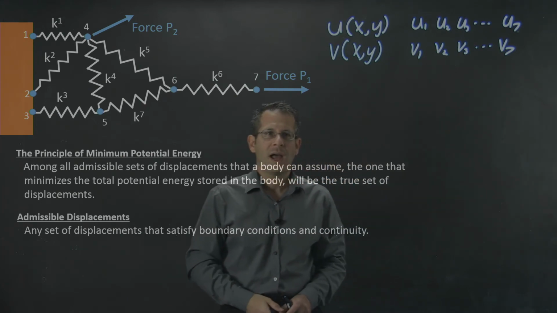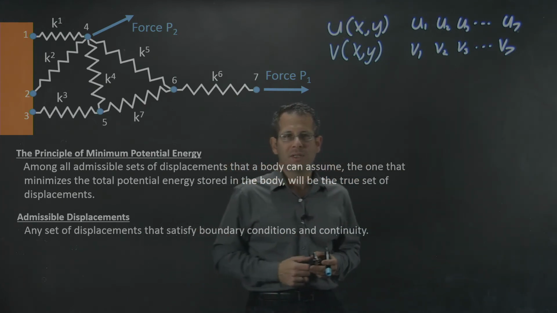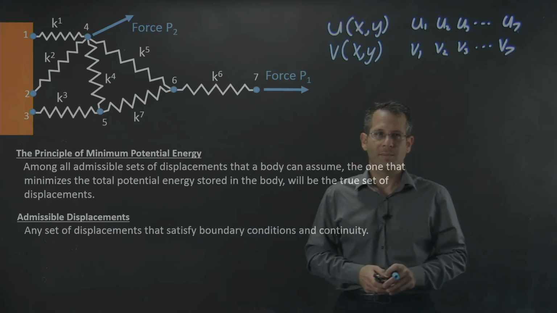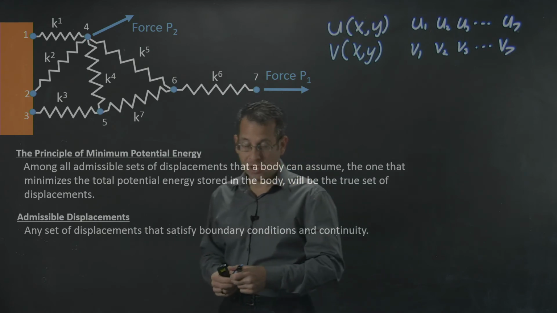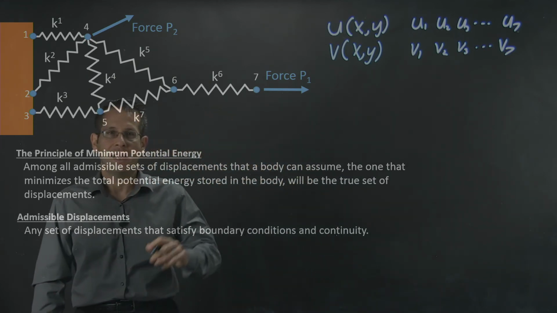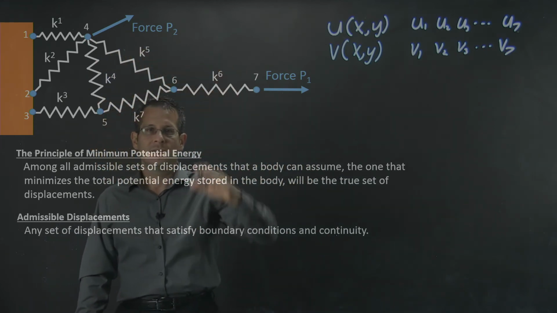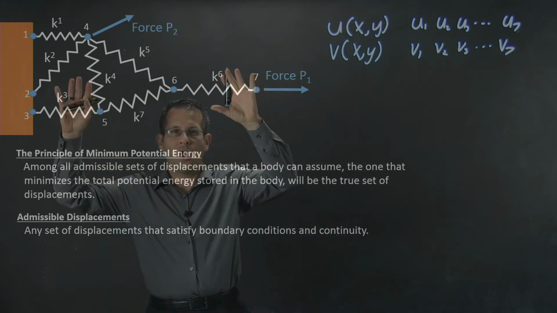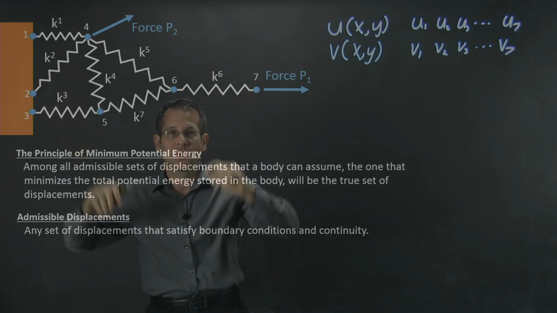Okay? So now that we know what the principle of minimum potential energy is, how are we going to use it to derive our method? The first thing we're going to do is develop a function for the potential energy stored in the system.